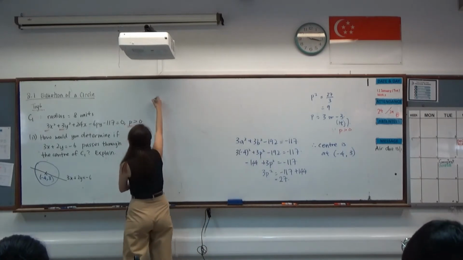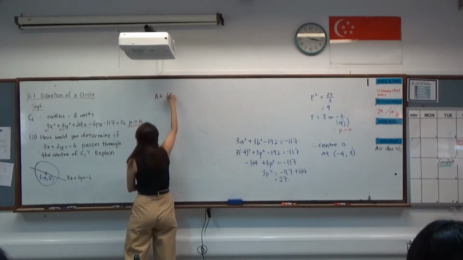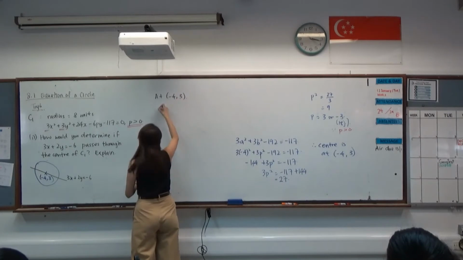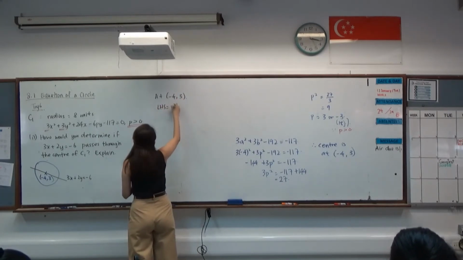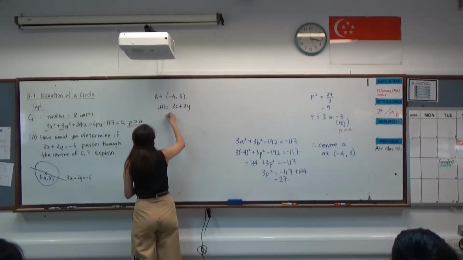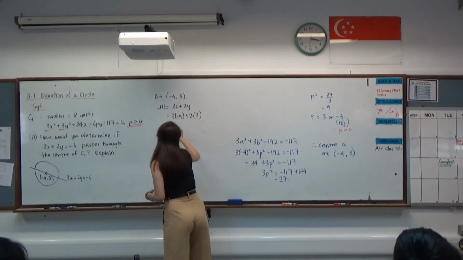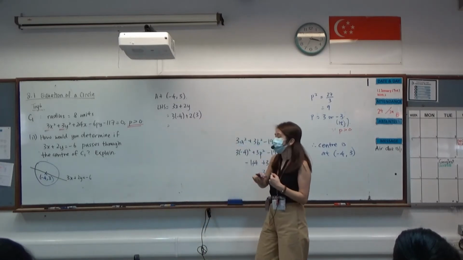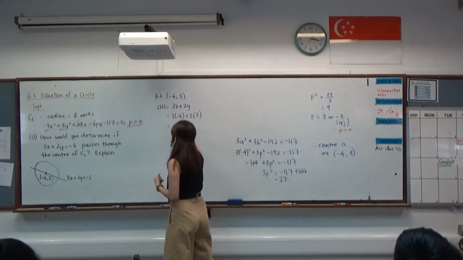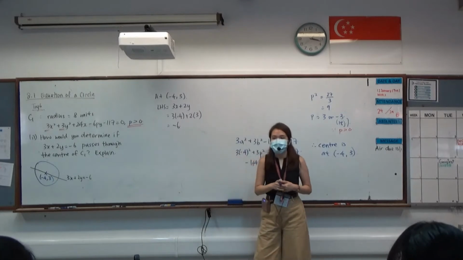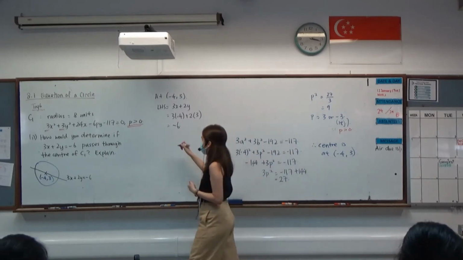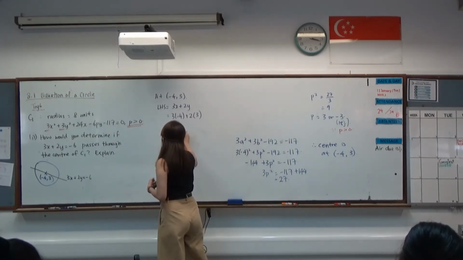So therefore, we check at the point negative 4, 3. The left hand side of 3x plus 2y would be this substitution. So negative 12 plus 6, you will get negative 6, which is actually the right hand side of the equation.